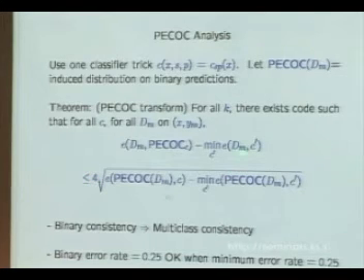The claim is that this bounds the multi-class regret. So the error rate of the multi-class classifier minus the minimum possible error rate.